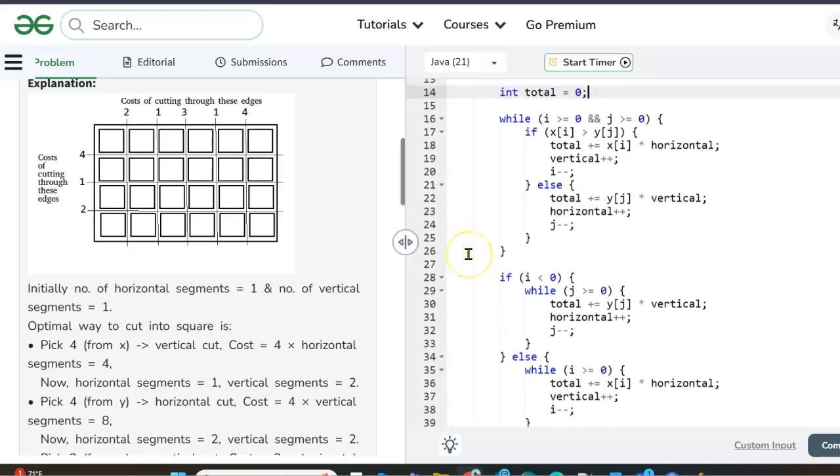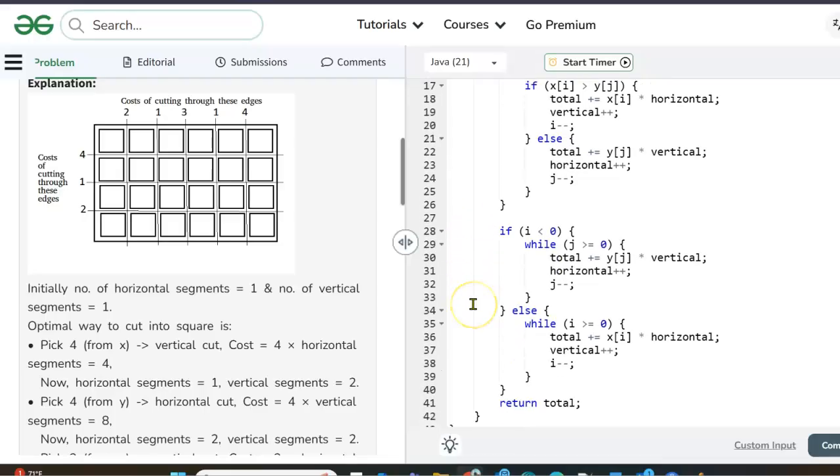When we run out of cuts in one of the directions, either the horizontal or vertical dimension, then we're down here.